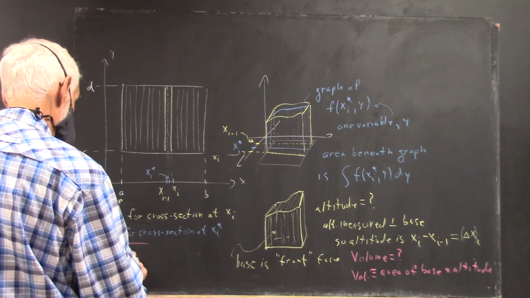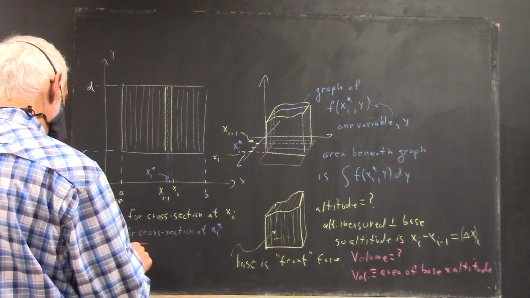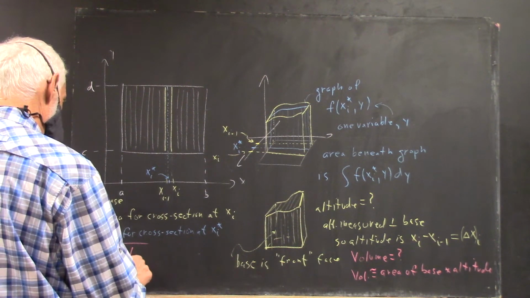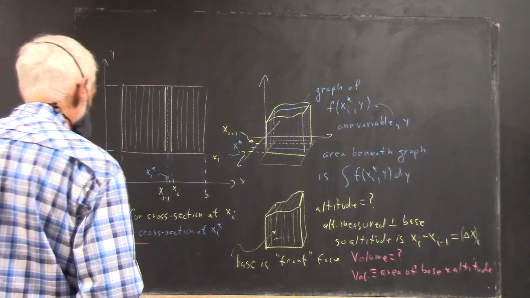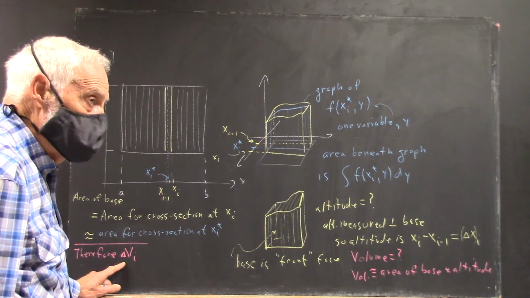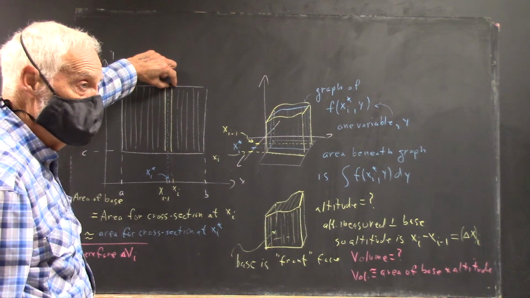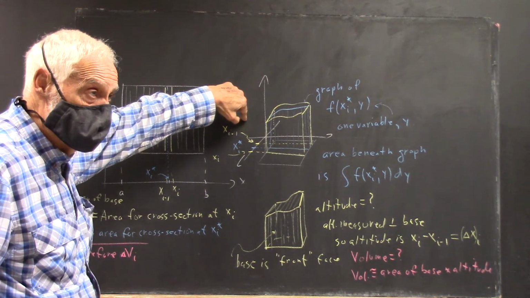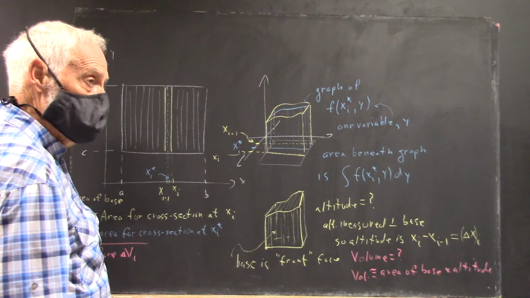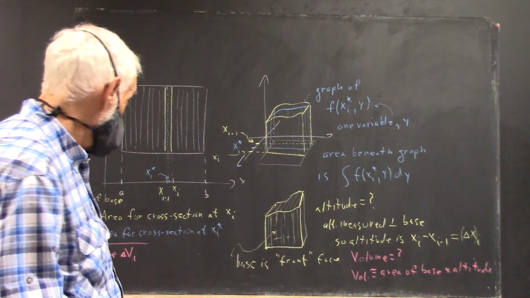Therefore, the volume that I'm now going to designate delta V sub i. It's the incremental contribution of the volume corresponding to this strip to the whole volume of the region of three-dimensional space above this rectangle and below the graph of f(x,y).